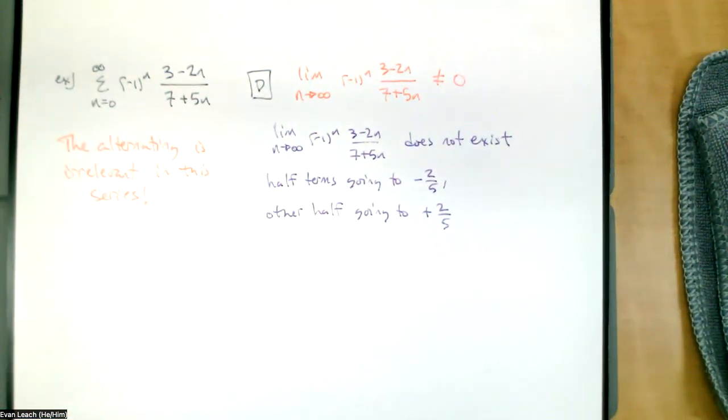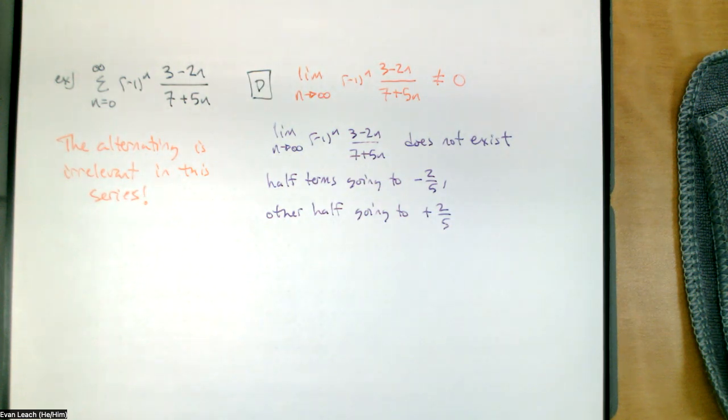Because the terms don't go to zero, we don't want to even bring up the alternating part. I know I've been sitting here bringing up the alternating part of this series for the last 2 minutes. But the point of bringing up the alternating part is so that in the future, when you come across this series, you don't bring up the alternating part.